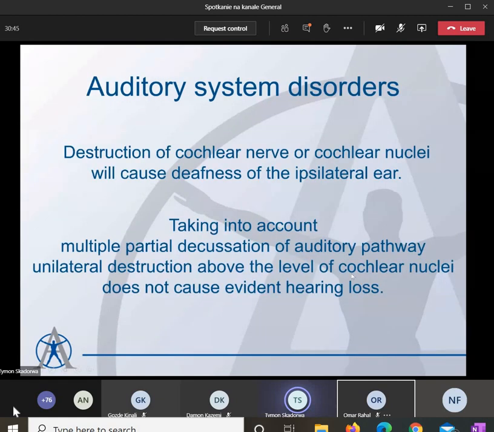So in fact, we should say that these multiple partial decussations will not cause any evident hearing loss. Please remember that, because the diagnosis of hearing problems is not as simple and straightforward as it was with the visual pathway.